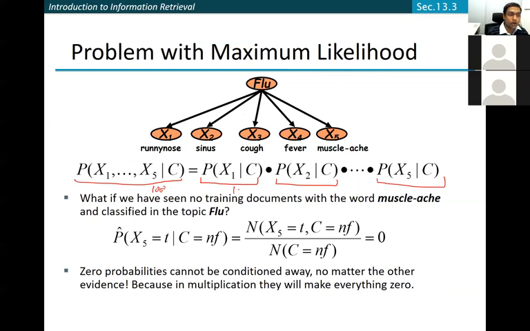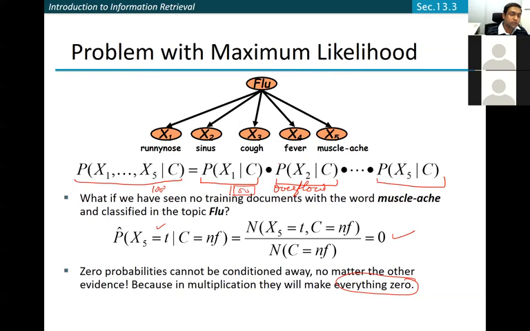Multiplying hundreds of probabilities is very cumbersome and may overflow your floating point value. Further, there could be a word which is not available in that class. So the probability of that particular word, let's say X5, is 0. That 0 may also come.